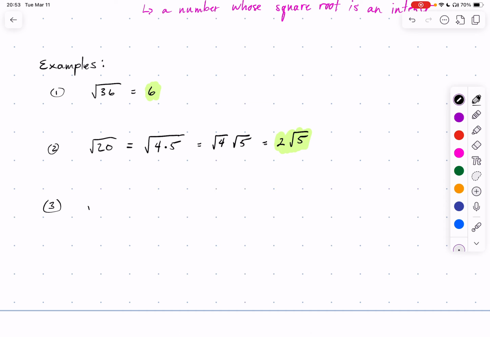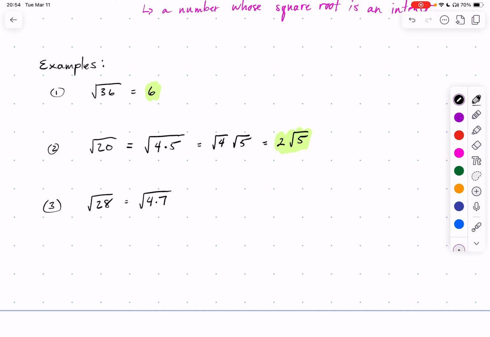So how about the square root of 28? And again, if it's a relatively small number, and you know that there are some perfect square factors in there, so 4 is a perfect square, for instance. So we know square root of 28 is 4 times 7.